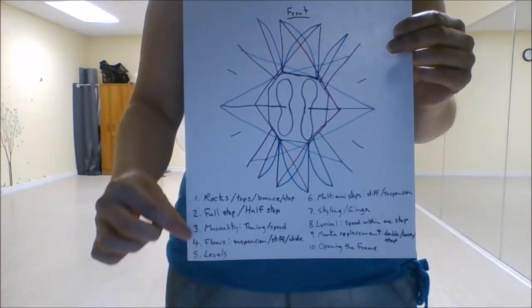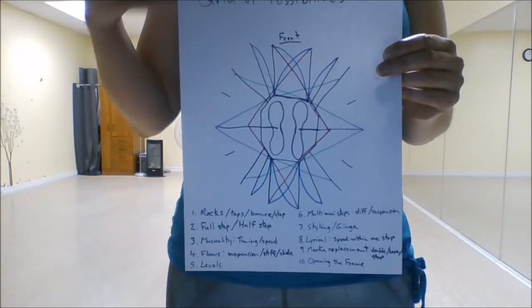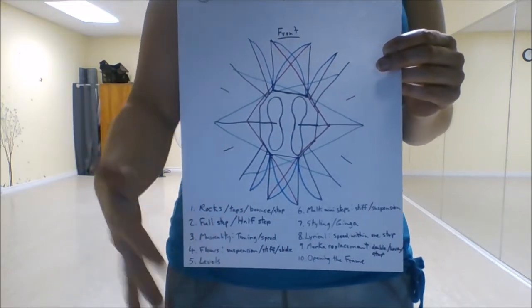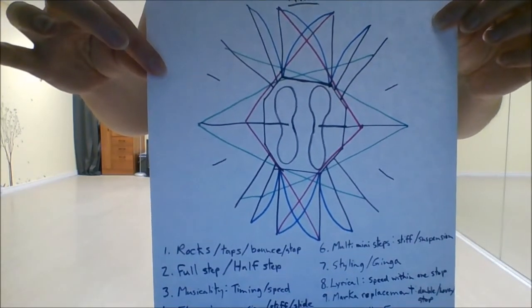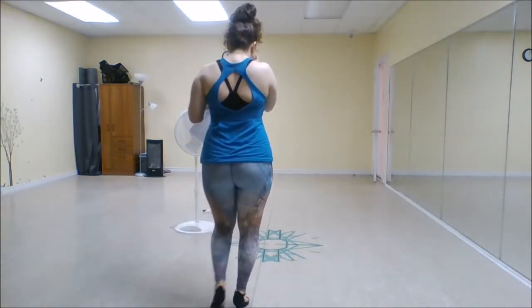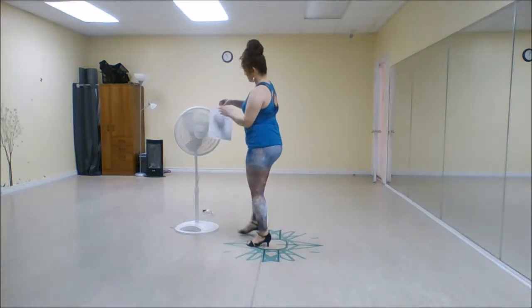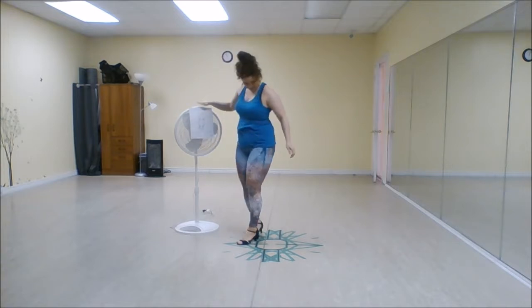These are all different things that you can add to the step that you're doing to create variations. Maybe I'll make a picture of that and post it. We'll see how it goes. I'm just going to leave it there as a little reminder of all the things I want to talk about.